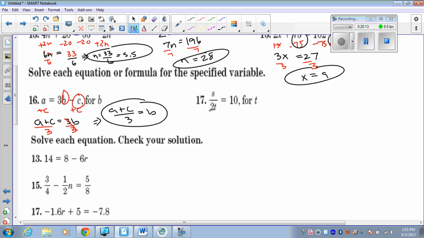Over here, I need to solve for T. T's stuck down here in the bottom, so first thing I'm going to do is try to get him to the top. So I'm going to go ahead and multiply both sides by T. When I do that, the T in the top cancels out with the T in the bottom, so I still have S over 2 equals 10T. Now I got to get rid of the 10, so let's divide by 10.